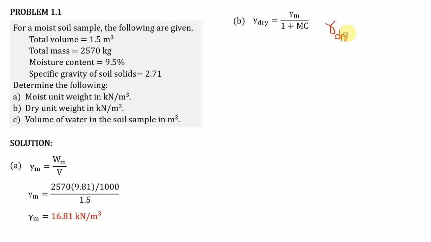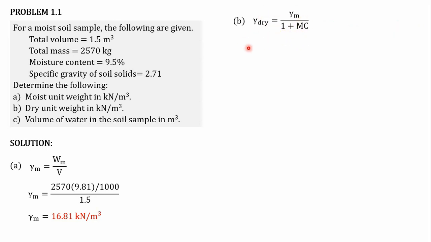Unit weight dry is equal to GS over 1 plus e, times unit weight ng water. This is the first formula na derive natin sa dry unit weight of soil. And ito naman yung pangalawa. Para ma-explain yung solution natin, ito yung gamitin nating formula.